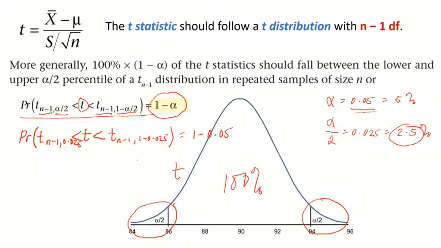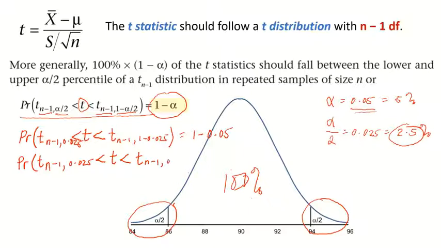If we simplify this, we come up with Pr, then t sub n minus 1, comma 0.025, less than our t-value, less than t sub n minus 1 degrees of freedom, comma, what's 1 minus 0.025?